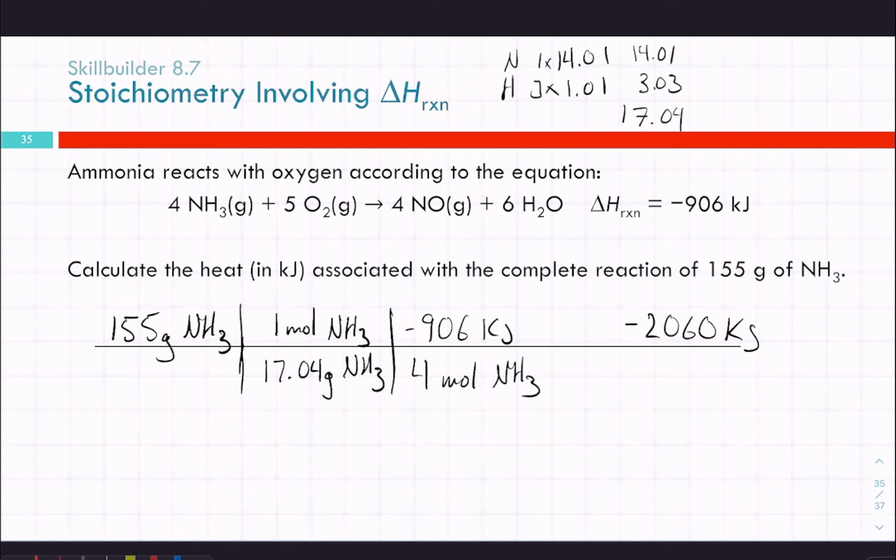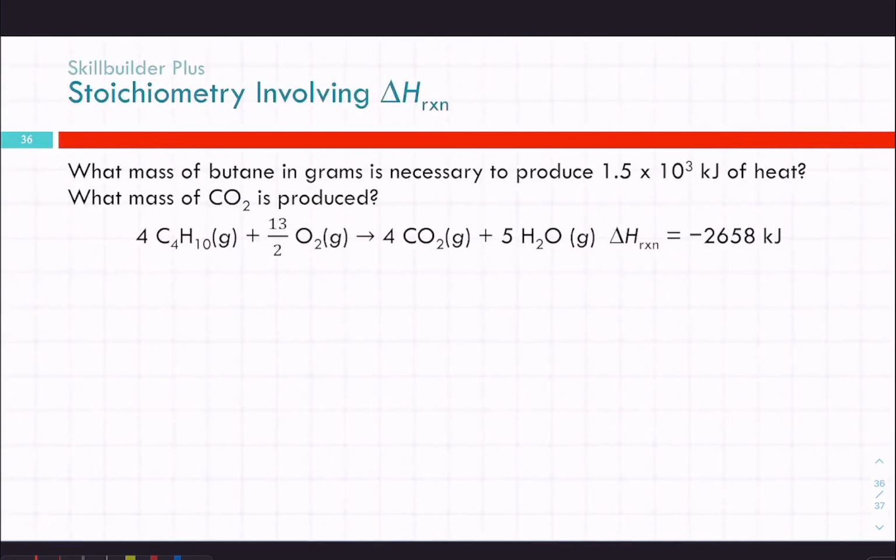Or I could give you this reaction produces this much heat. How much ammonia reacted to produce that heat? Maybe we'll do one of those. Oh, never mind. Here's a problem there.